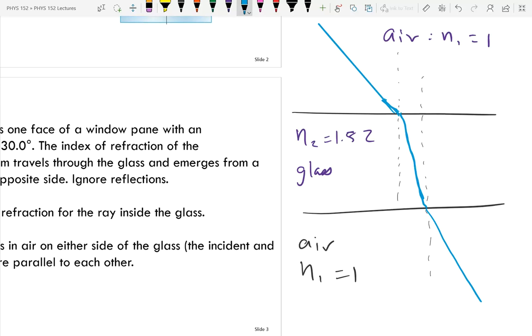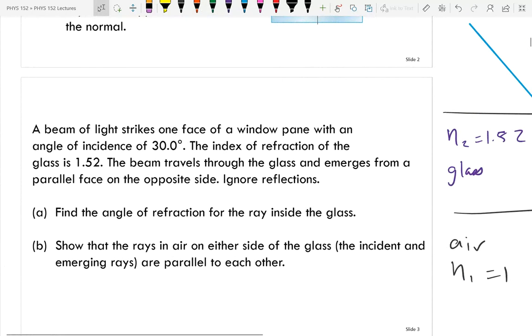Now the next thing I need to do is to say, okay, because I have refraction, I'm going to use a certain law. What's the name of that law? You could call it the law of refraction, but that's not the technical name. It's named after a dude.